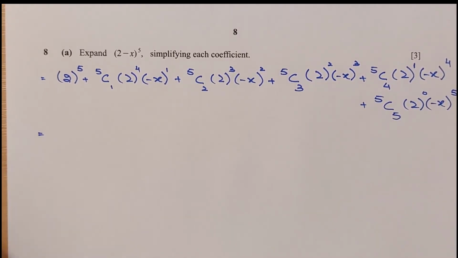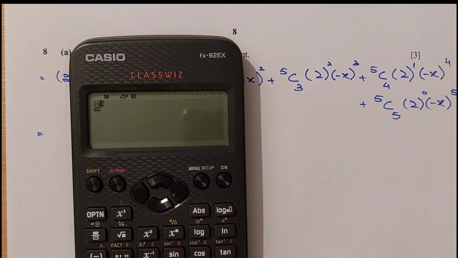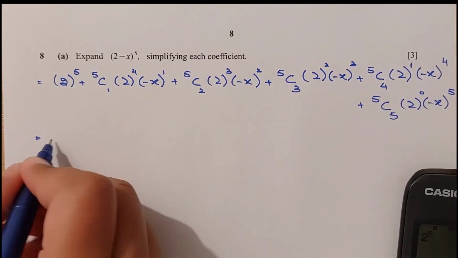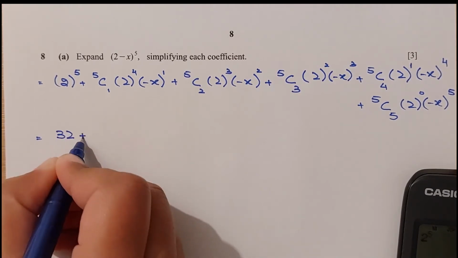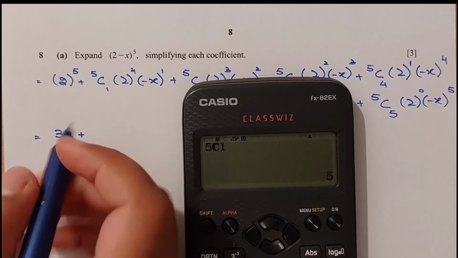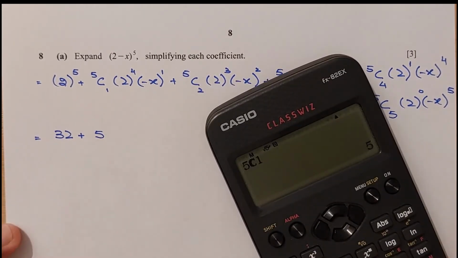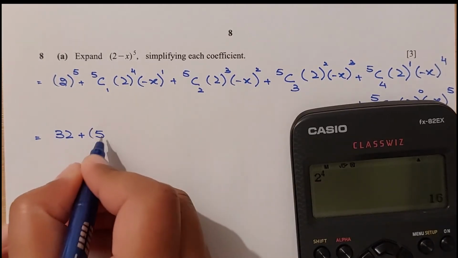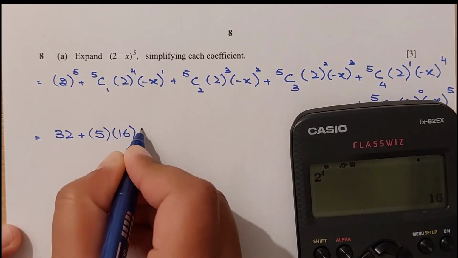Okay, so 2 exponent 5 is 32. Yes, so we have 32. What is 5c1? 5c1 is 5. 2 exponent 4 is 16 and minus x.